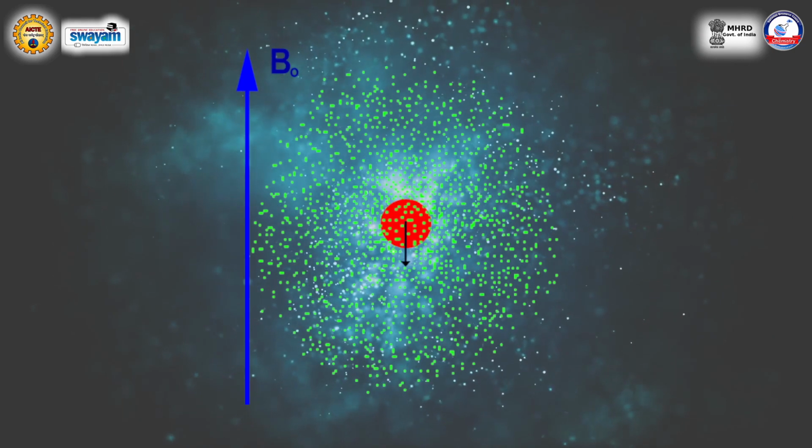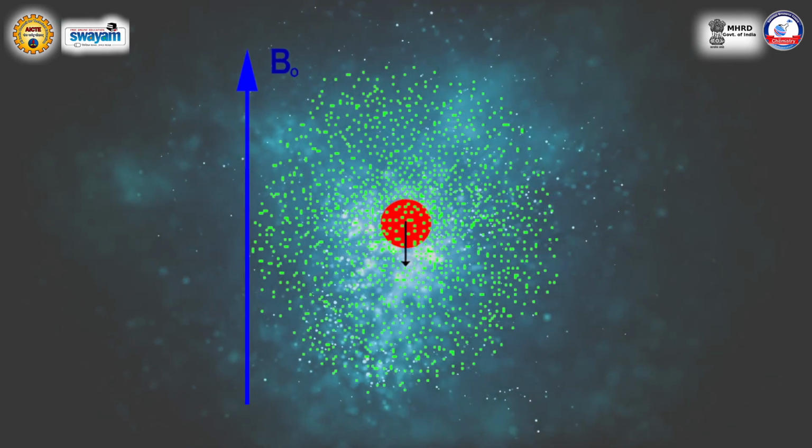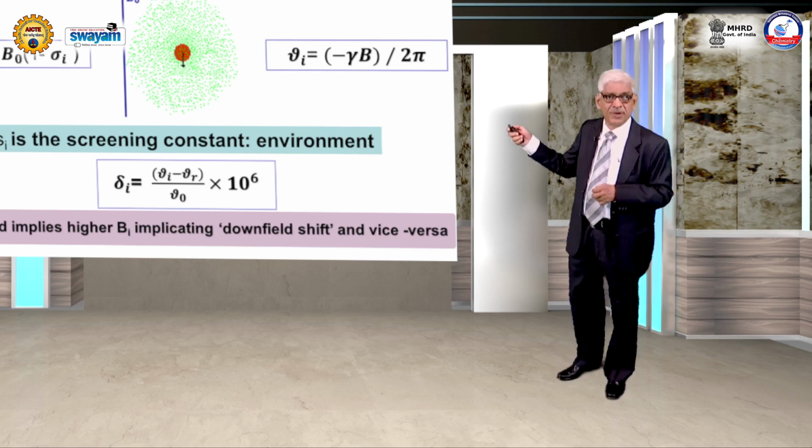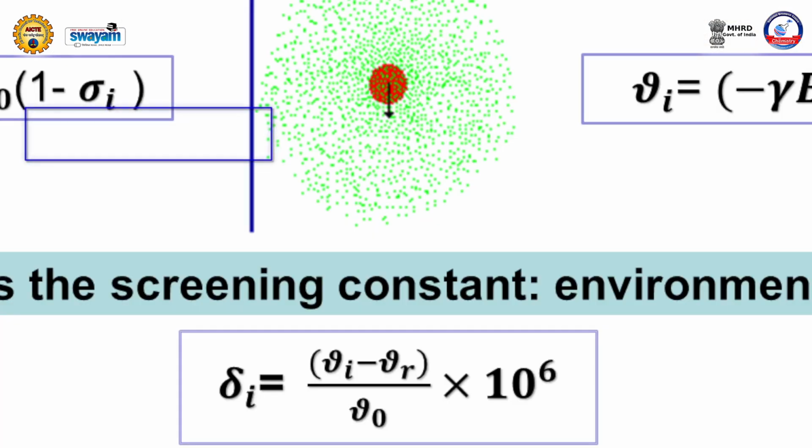Therefore the effective field the nucleus sees is reduced compared to B naught, and if I represent this as B_i, it is given by B naught times (1 minus sigma_i). Sigma_i is called the screening constant, and this tells you about the electronic cloud around the particular nucleus. This is of importance because different nuclei will have different environments in a given molecule, and therefore they will absorb energy at different frequencies.